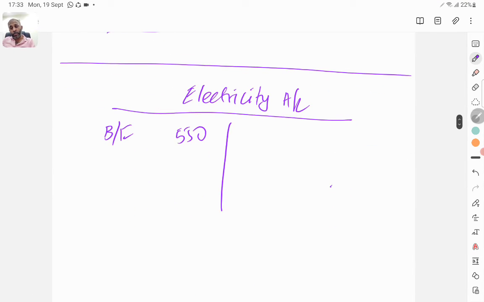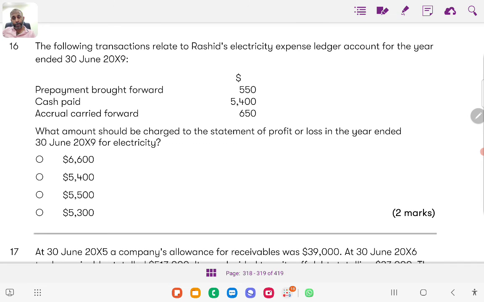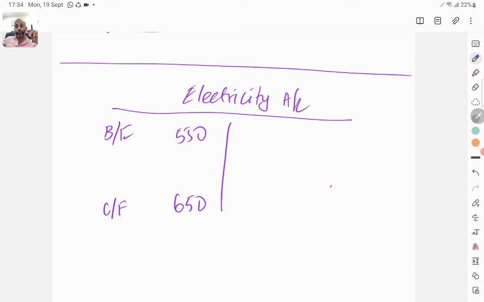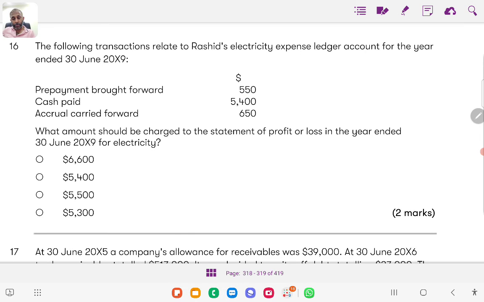So when the accrual is a closing balance of 650, you record it like this here. And the next one is the cash payment. We paid 5,400. Please think about the double entry for cash payment: we credit the cash book and we debit the electricity account. So here we debit 5,400.